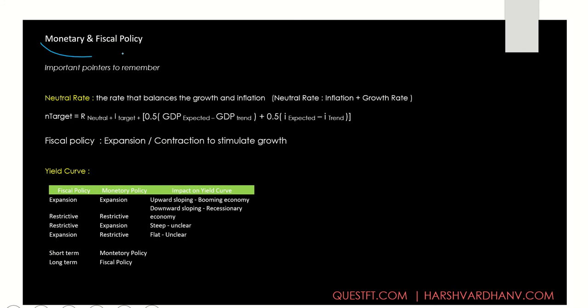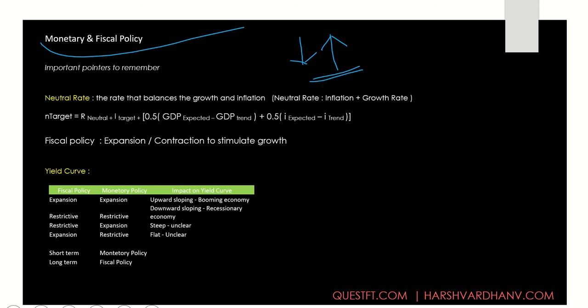Okay, the most important part: monetary and fiscal policy. Important points to remember: the neutral rate is the rate that balances growth and inflation, right? We discussed that if the YTM is lower, people will start buying more. They will start taking more loans, home loans at very cheap rates. Because of that, the economy will heat up and inflation will go high.